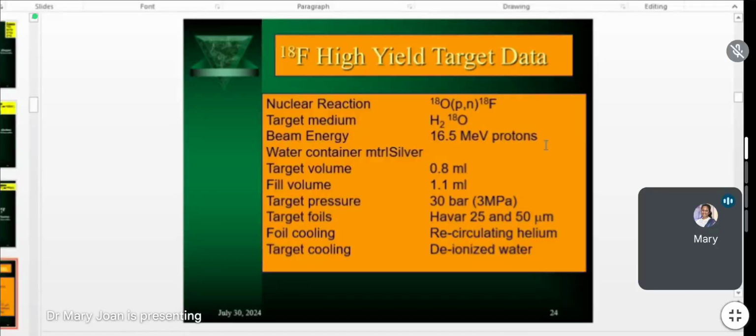The water container is metallic silver, the target volume is about 0.8 ml, the fill volume is 1.1 ml, and the target pressure is 30 bar or 3 megapascal. The target foils are Havar, 25 and 50 micrometer. Foil cooling is by recirculating helium gas, and target cooling is by deionized water in the cyclotron.